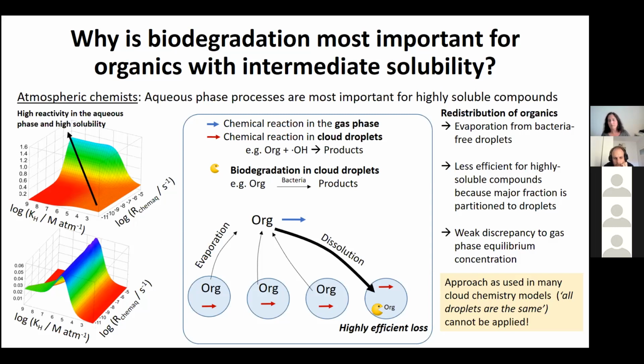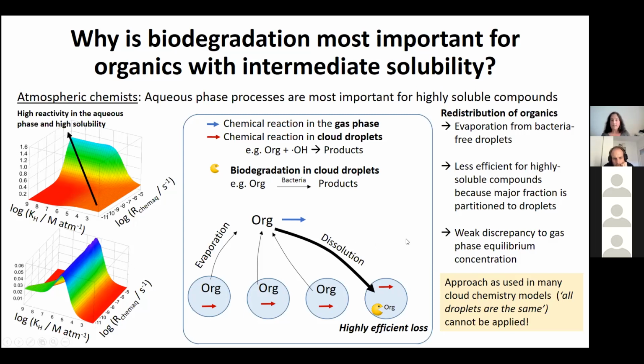So we have a redistribution because we have this very efficient sink in this one special droplet with the bacteria. The very soluble compounds don't want to evaporate; it's really hard for them to evaporate. So it's more the intermediate soluble compounds that will evaporate, and therefore we see this different pattern.